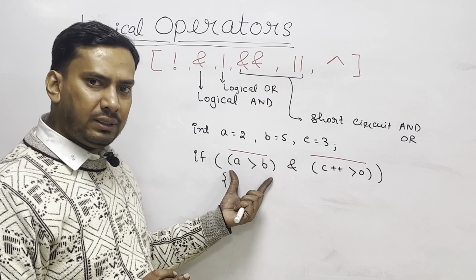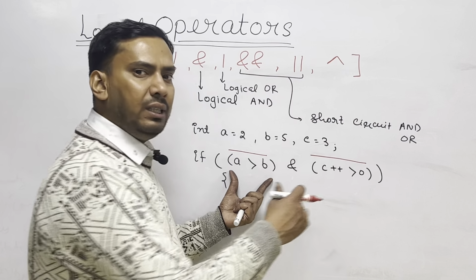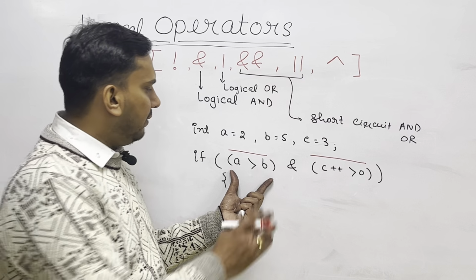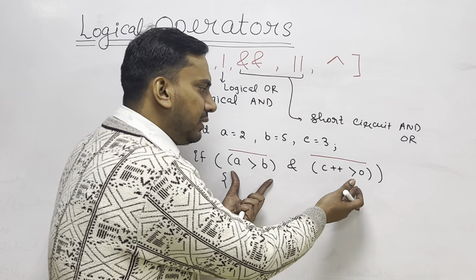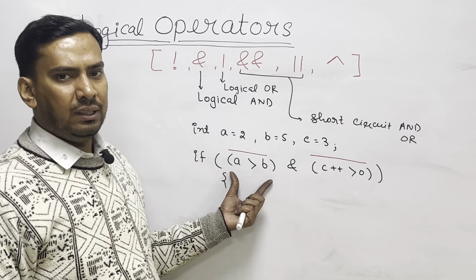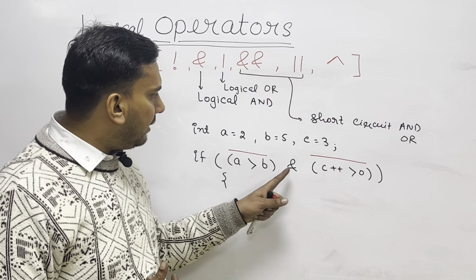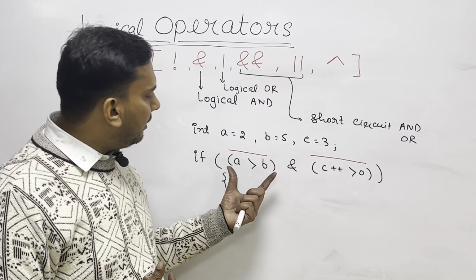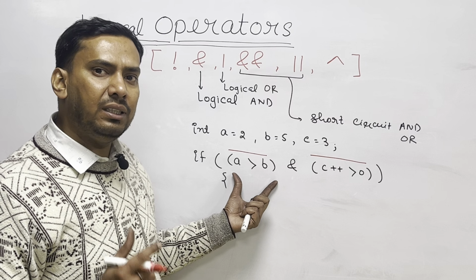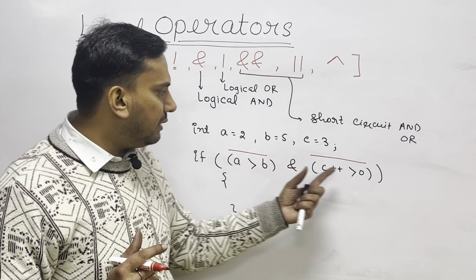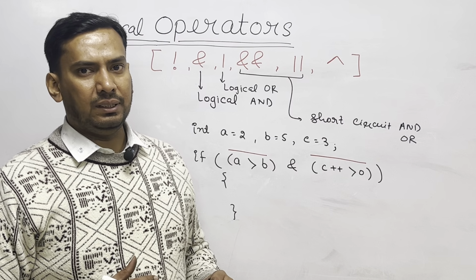If this is false, even if this is true, the result is false. If this is false, even if this is false, still the result is false. So short circuit AND says that if the first expression is returning false, then the second expression will not be evaluated.